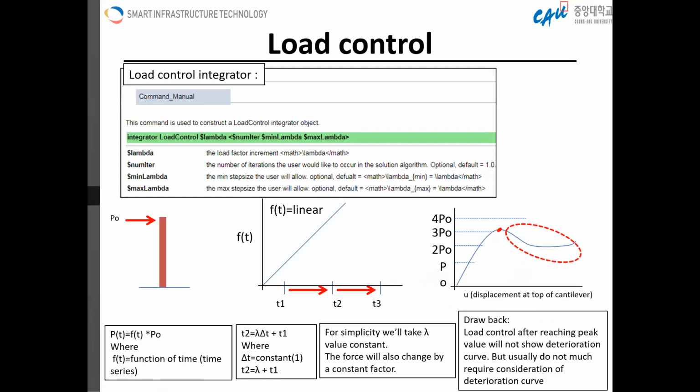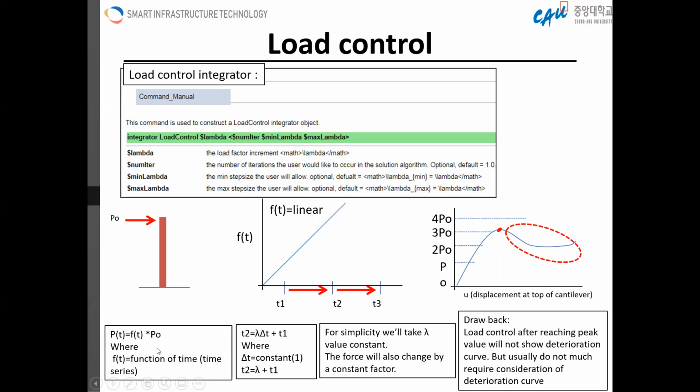What is the load control integrator? Like we have seen, it requires a command as load control and the number of iterations. We just took those. We didn't consider lambda because we let the load controller decide what lambda it is going to use. Suppose we are applying P naught to our beam column, then we need a time series which increases with some step.